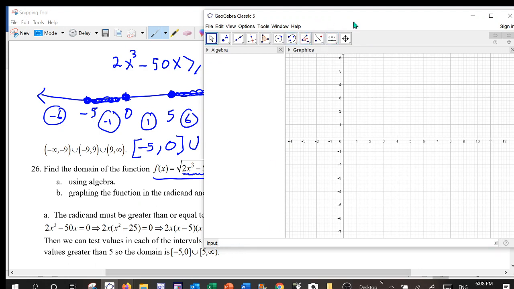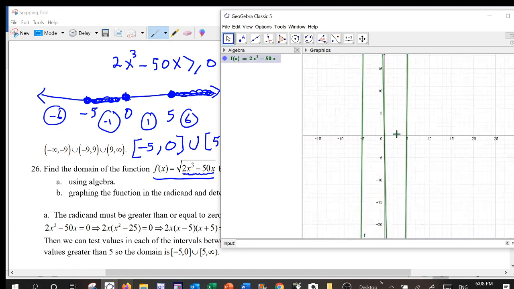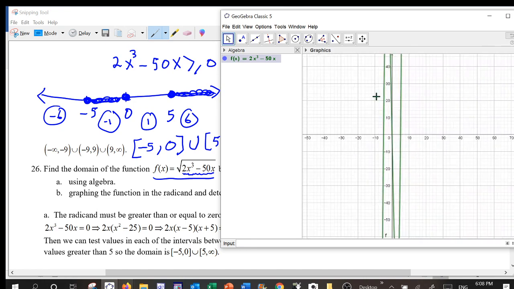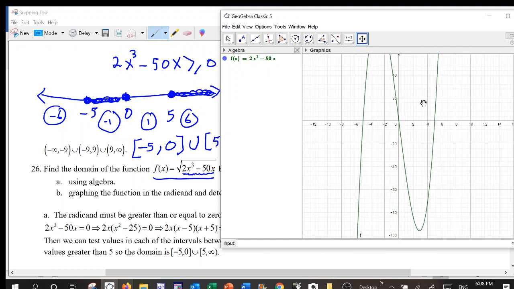I'm going to get inside here, which is what? What was it? 2x to the third. So I'm going to put 2x to the third power minus 50x there. So the calculator was a little, you know, the standard window wouldn't work because this thing has large values.